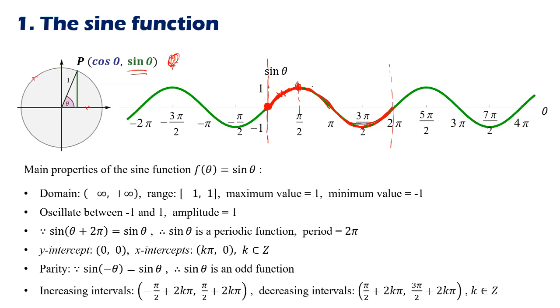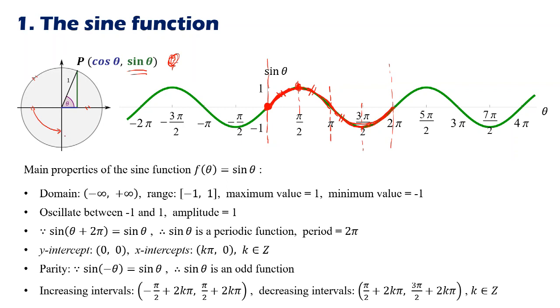So this corresponds to the section here. And after that, theta goes from pi to 3/2 pi, right? So as you can see here, sine theta goes from 0 to -1, right? So that corresponds to this section here.